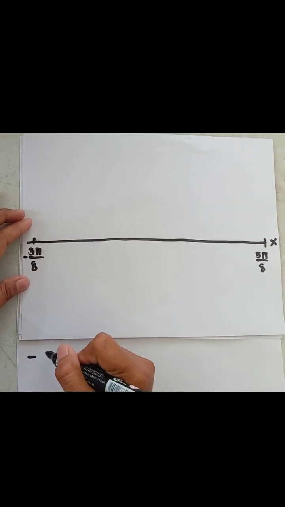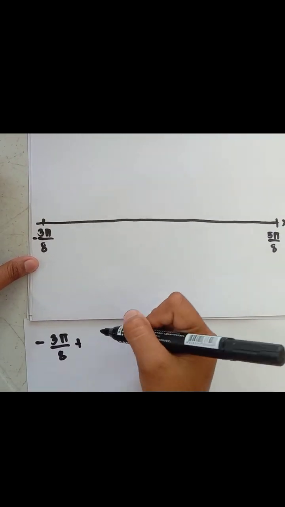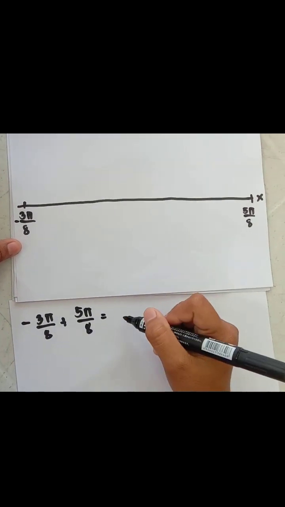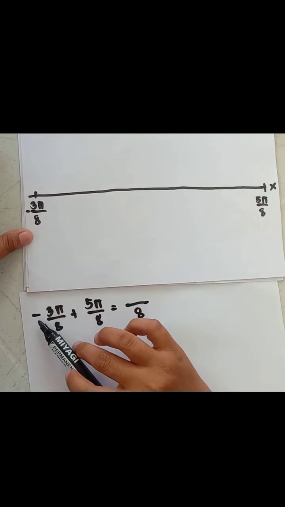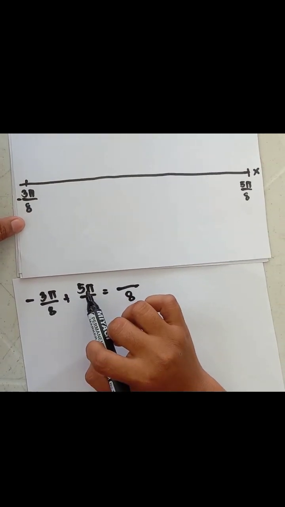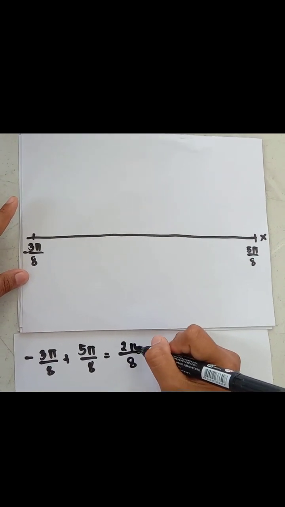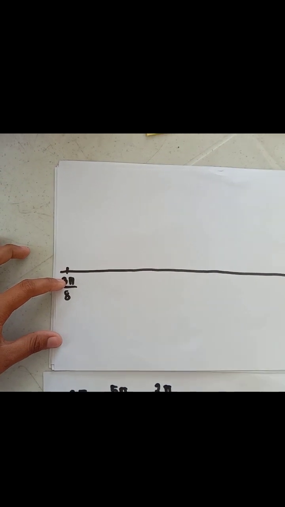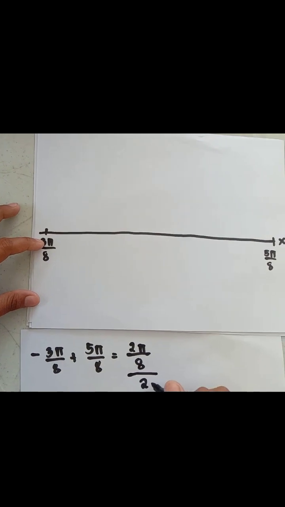So, negative 3 pi over 8 plus 5 pi over 8. So, copy the denominator. Then, negative 3 pi plus 5 pi equals 2 pi. Then, reciprocal the denominator to 1/2.